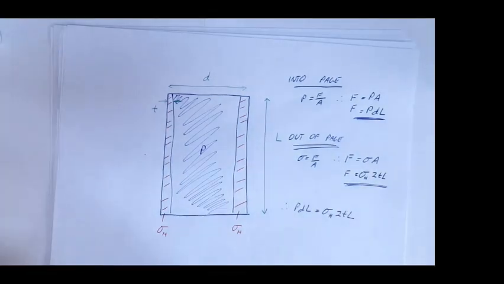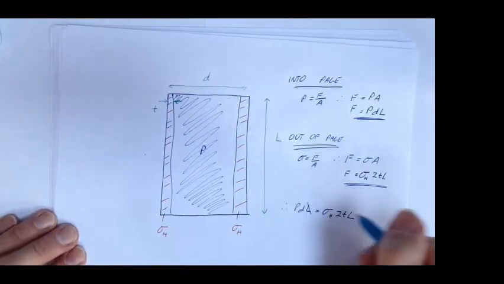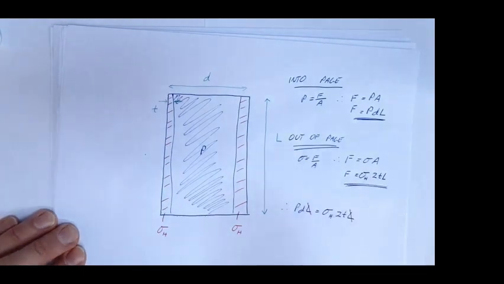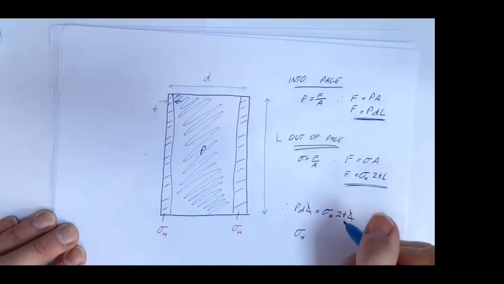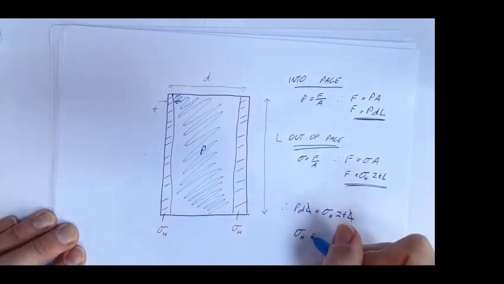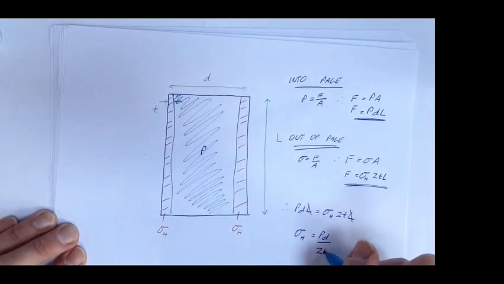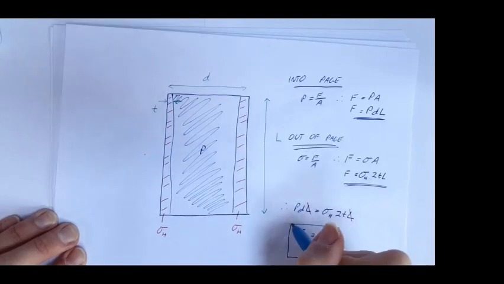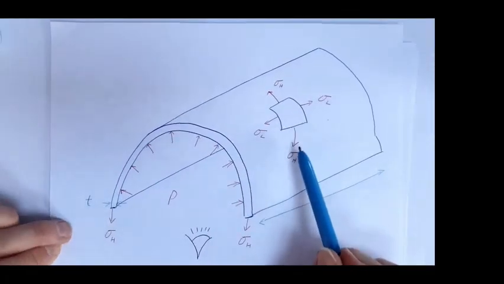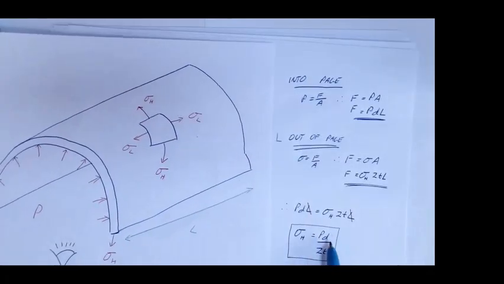Okay, now clearly that length cancels with that length, so we can rearrange that to get my hoop stress. My hoop stress equals PD over 2T. So the stress internally within that structure, the hoop stress, is PD over 2T.